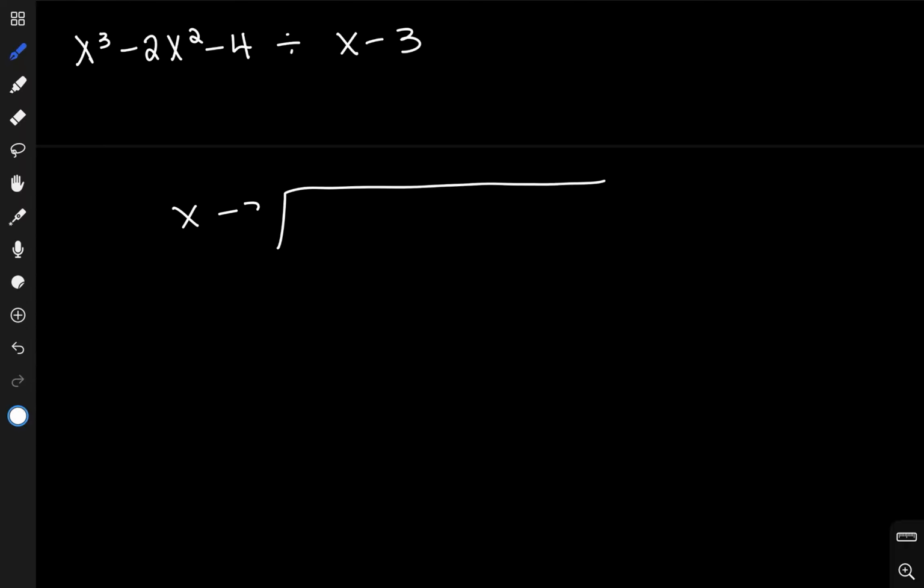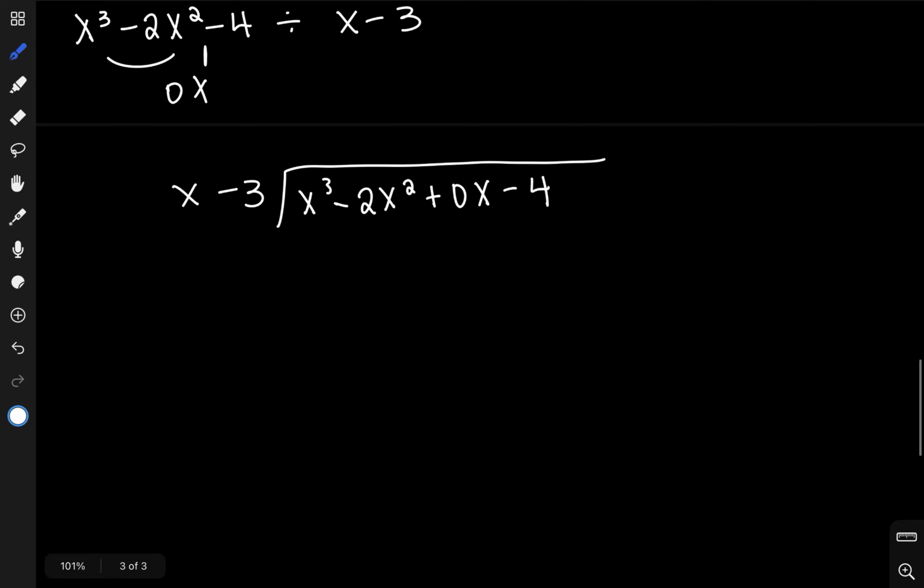X minus 3 on the outside, and we have x to the third. It doesn't jump any numbers, so it just goes from 3 to 2. But we don't have x, so we're gonna make this 0x, okay? Minus 2x squared plus 0x minus 4, okay? And we're gonna do the whole thing again.